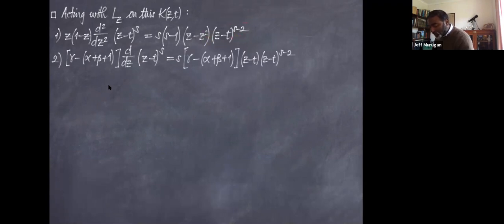So this has a Z minus T to the S minus 2, and to get there, I need to pull out this factor of Z minus T. And then finally, I have the constant piece, alpha beta times Z minus T to the S, which is alpha beta Z minus T squared times Z minus T to the S minus 2.